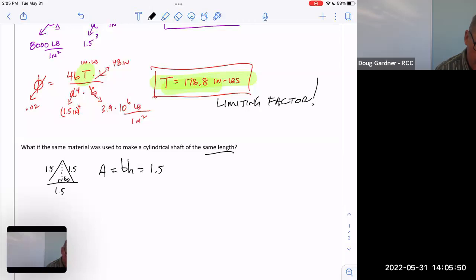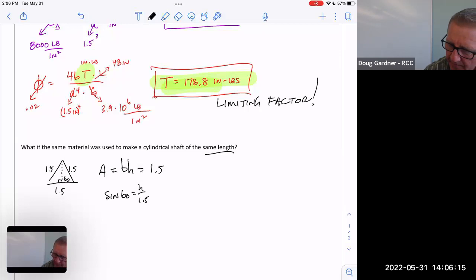So I could say, let's see, that would be the tangent of 60. No, the sine of 60. Yes, sine of 60 equals the height divided by 1.5.